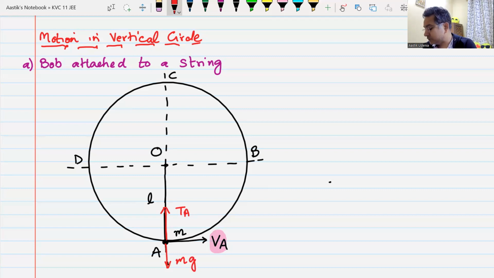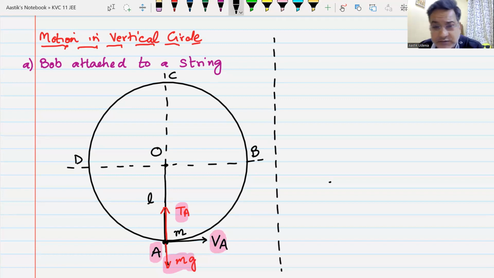Now, this is point A. If I write the equation at point A, how does the equation look?